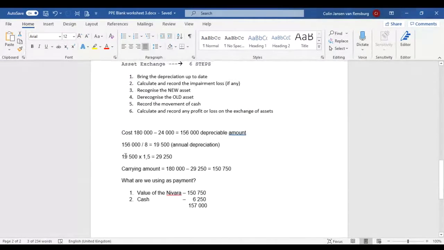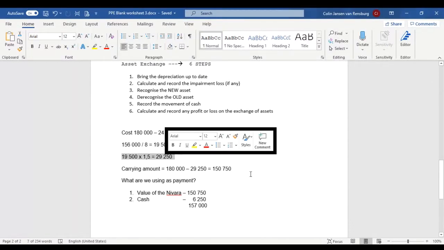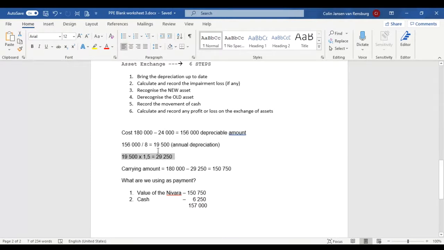So how much did we depreciate it by until the date of this exchange? We depreciated in total 19,500 in the 2008 year, and by half of that in the 2009 year, because it was half the year.